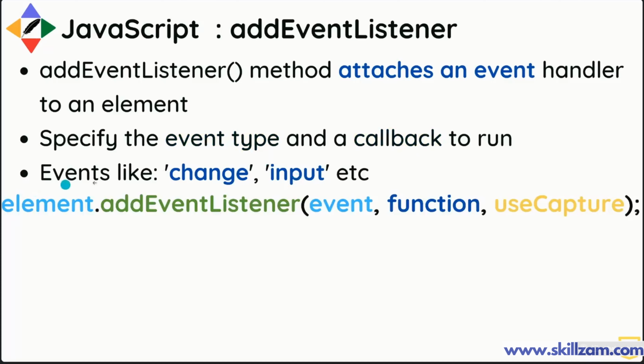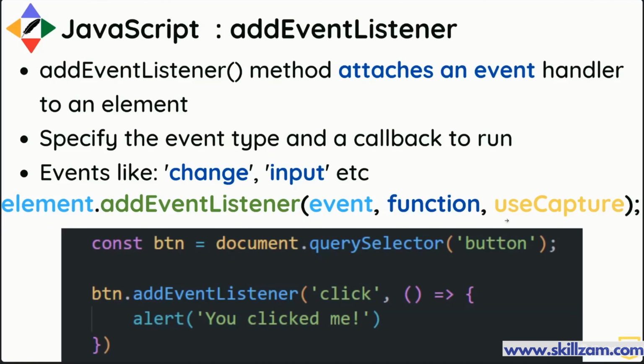Now, how does the syntax work? Element, whatever element you have selected, dot addEventListener, and within the brackets there are parameters. First is the event type, like click is an event, change is an event. Then you pass a callback function as well, and useCapture. Now let's take this example.